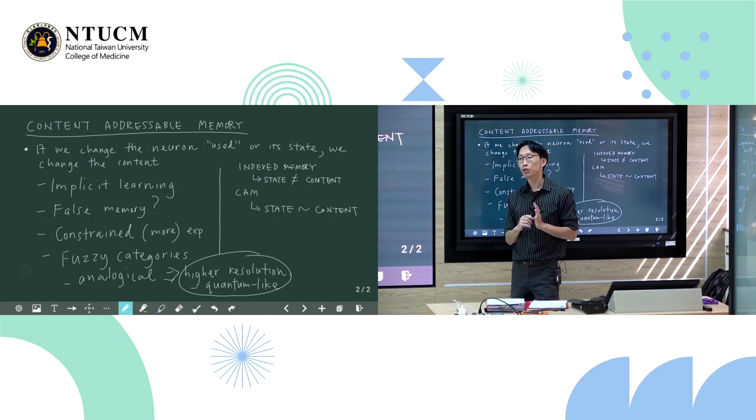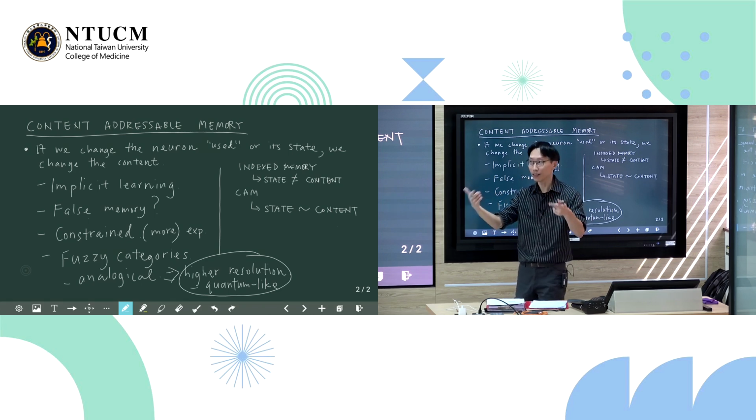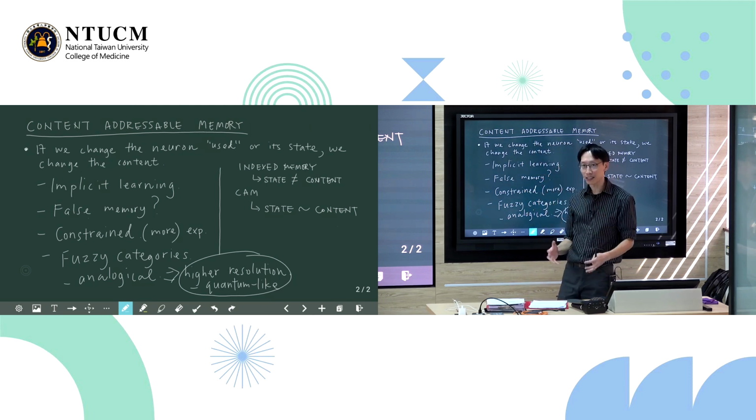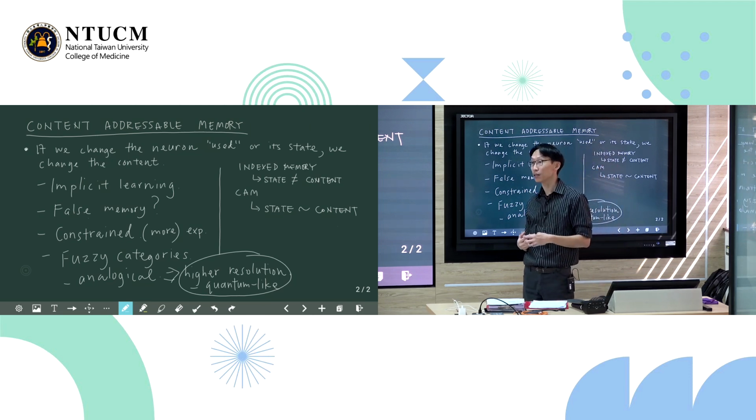If your neurons don't fire, then as far as your brain is concerned, cat does not exist. But if your brain fires in that way, that means that you are thinking about cat exactly. There's the equivalence there. So that's the difference, or at least that's the ideal of what we mean when we say content addressable memory.